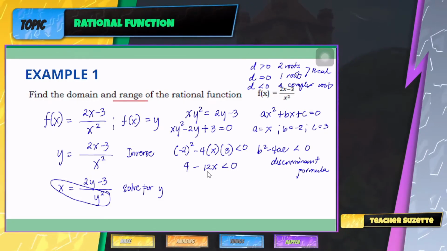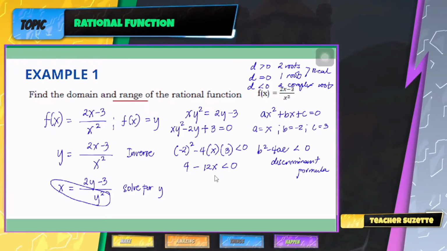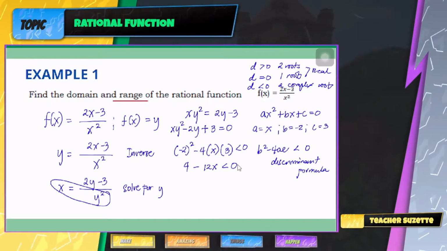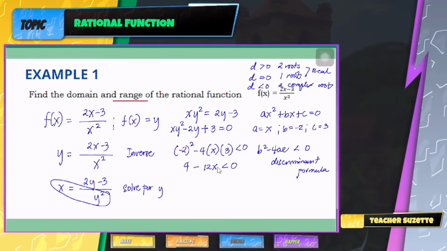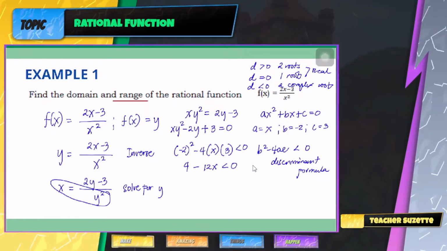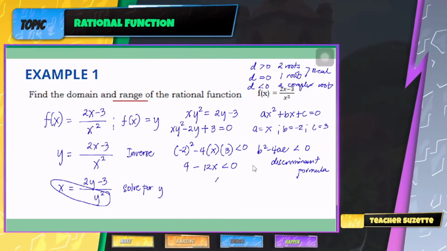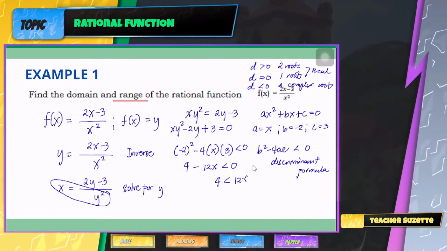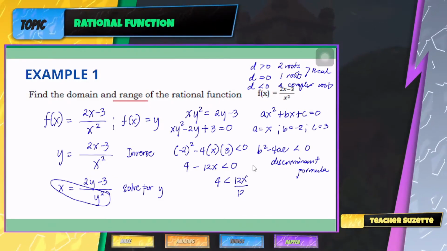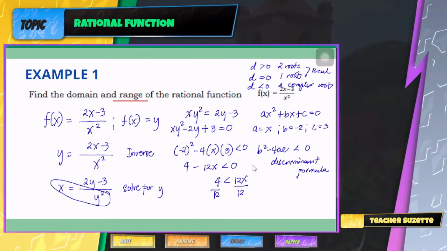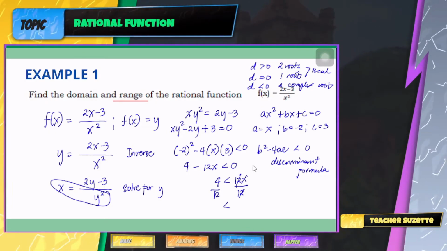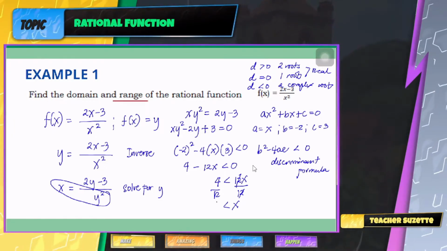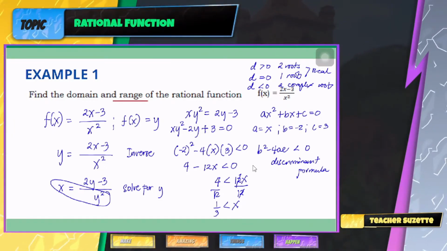Now, let's solve for the range. We move the negative 12x to the other side, so you will have 4 less than positive 12x. Then, solve for x by dividing both sides by 12. 4 over 12 is, in lowest terms, 1 over 3.